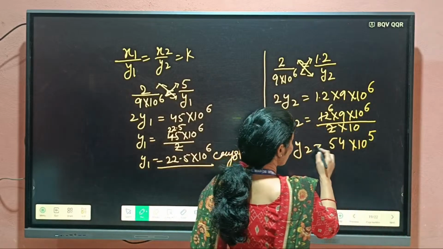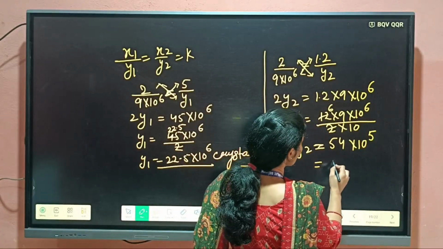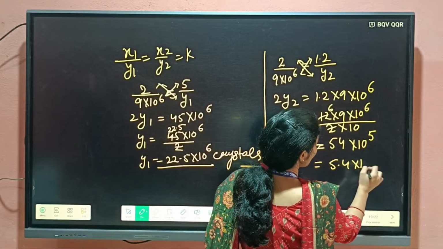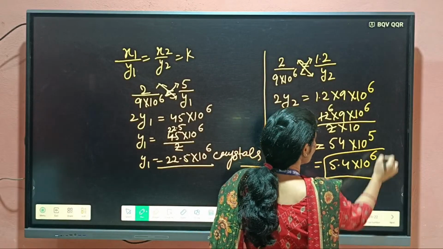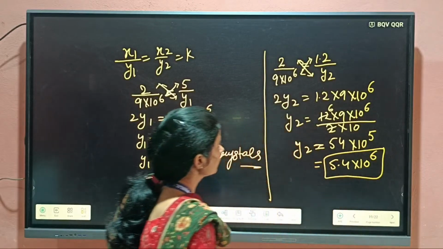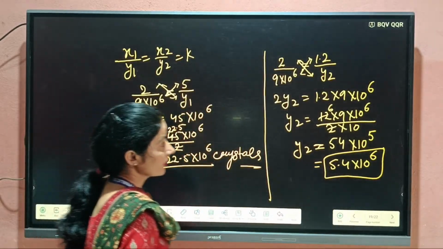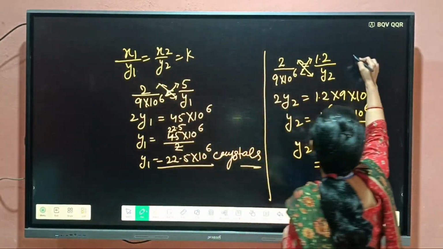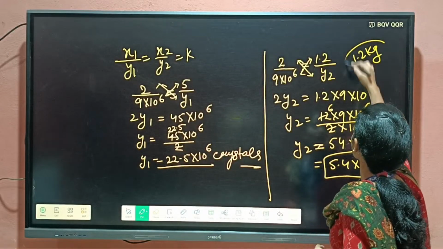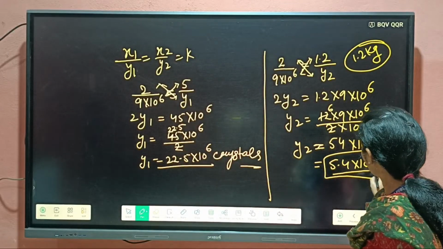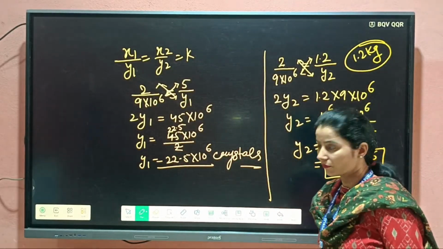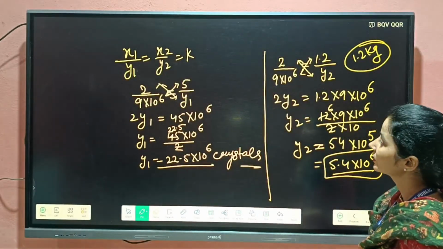Otherwise, in standard form, you can write 5.4 into 10 raised to power 6. In 1.2 kg, the number of sugar crystals is 5.4 into 10 raised to power 6.